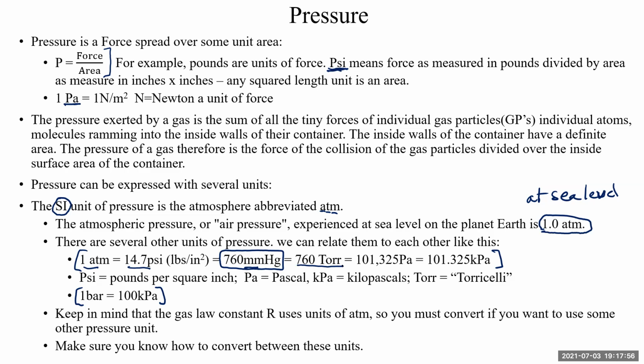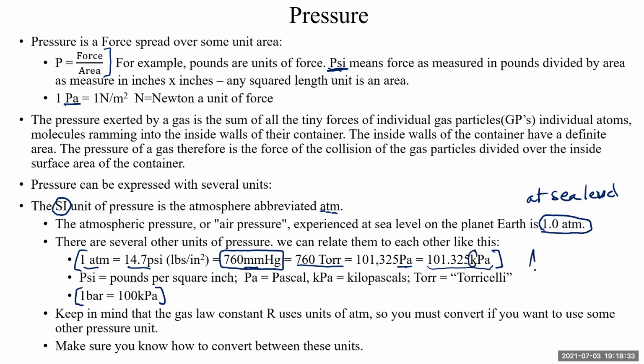Torr for short, named after Torricelli, an Italian scientist who studied gases way back when. Then we have Pascal, a French scientist. 101,325 pascals is equal to 760 torr or 14.7 psi. Often it is divided by 1,000, so you get 101 kilopascals.